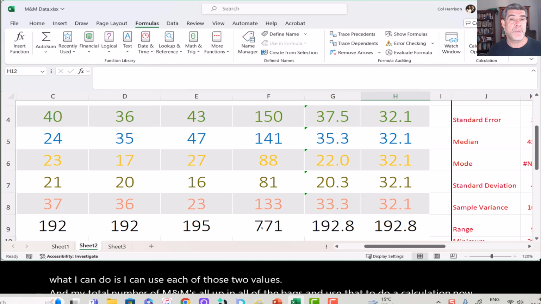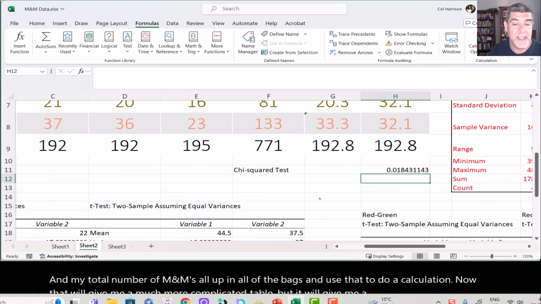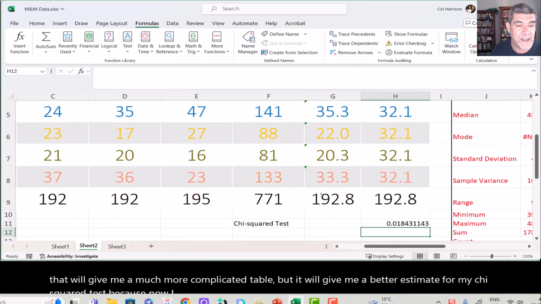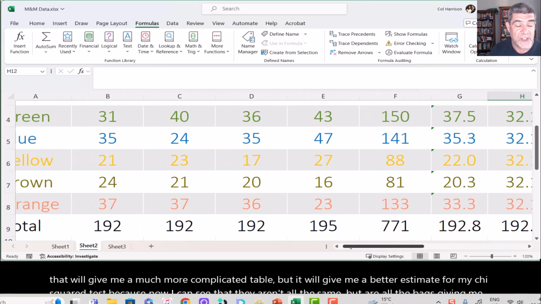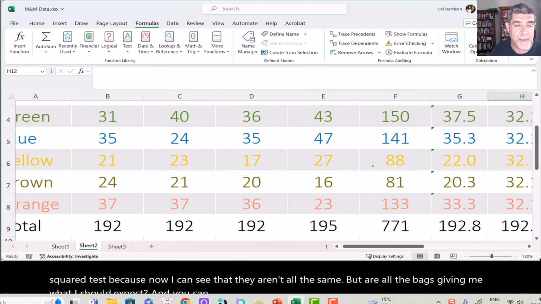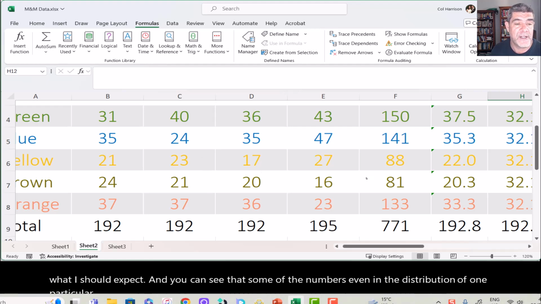That will give me a much more complicated table, but it will give me a better estimate for my chi-squared test, because now I can see that they aren't all the same, but are all the bags giving me what I should expect. You can see that some of the numbers, even in the distribution of one particular color, are quite different in some of the bags. And so that would be a better way of doing the chi-squared test.